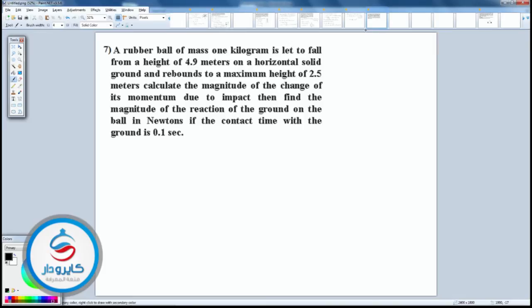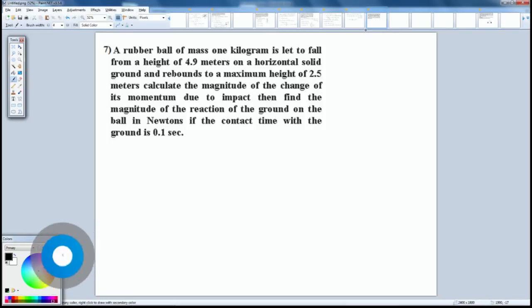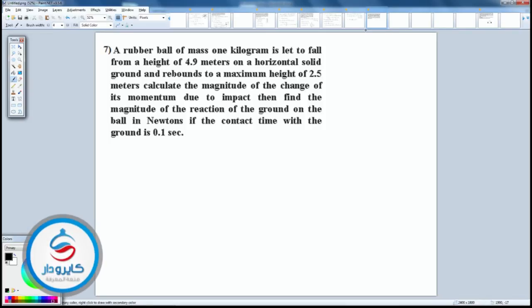Question number 7. A rubber ball of mass 1 kilogram is let to fall from a height of 4.9 meters on a horizontal solid ground and rebounds to a maximum height of 2.5 meters.